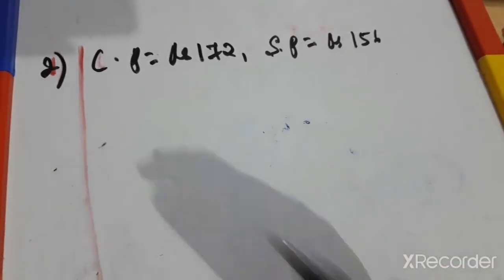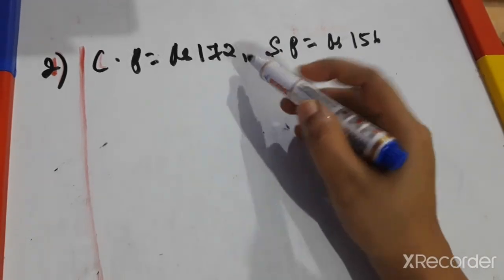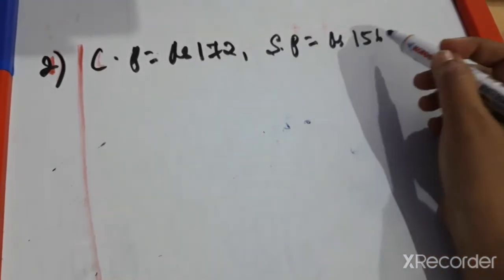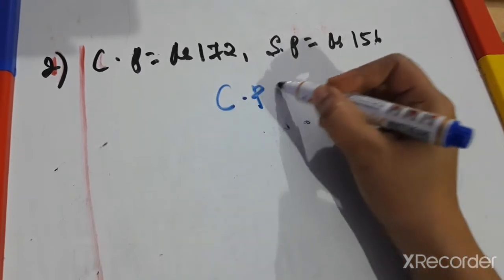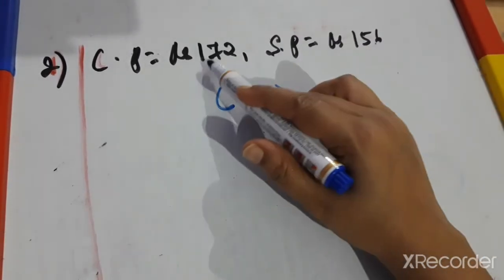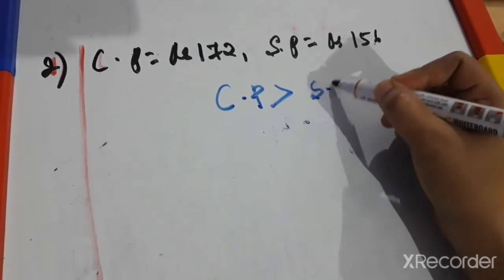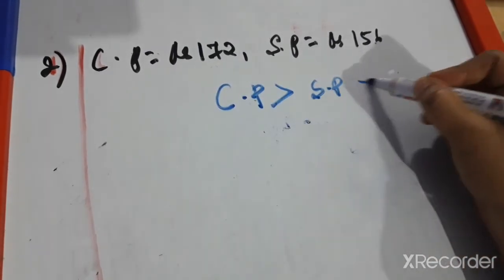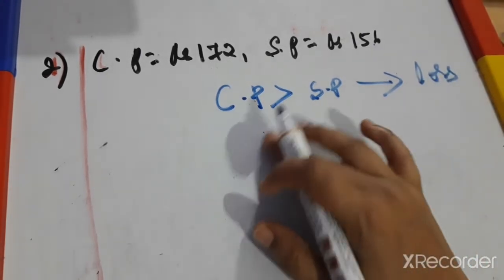Next, cost price is rupees 172 and selling price is rupees 156. Now we have to find whether it is profit or loss. Which is greater? Cost price 172, selling price 156. So cost price is greater than selling price. Check the amount: 172 is greater than 156. Cost price is greater, so we get loss.